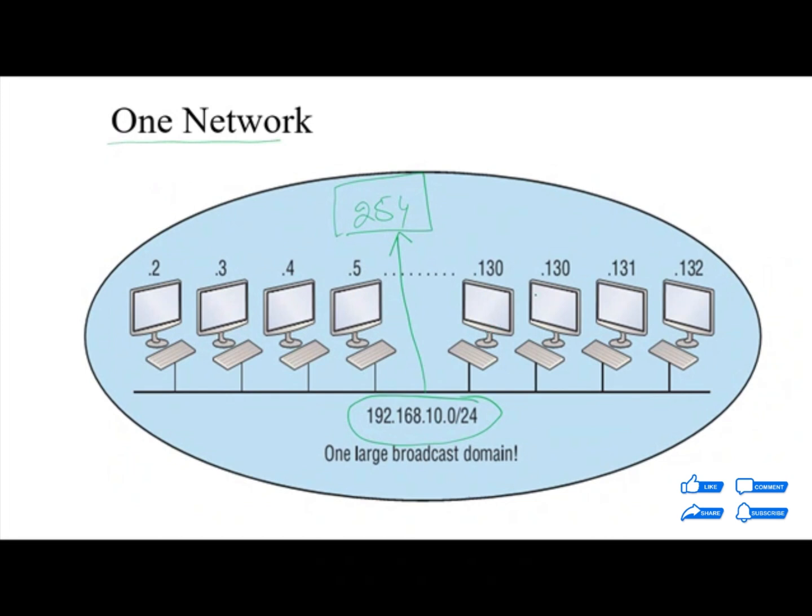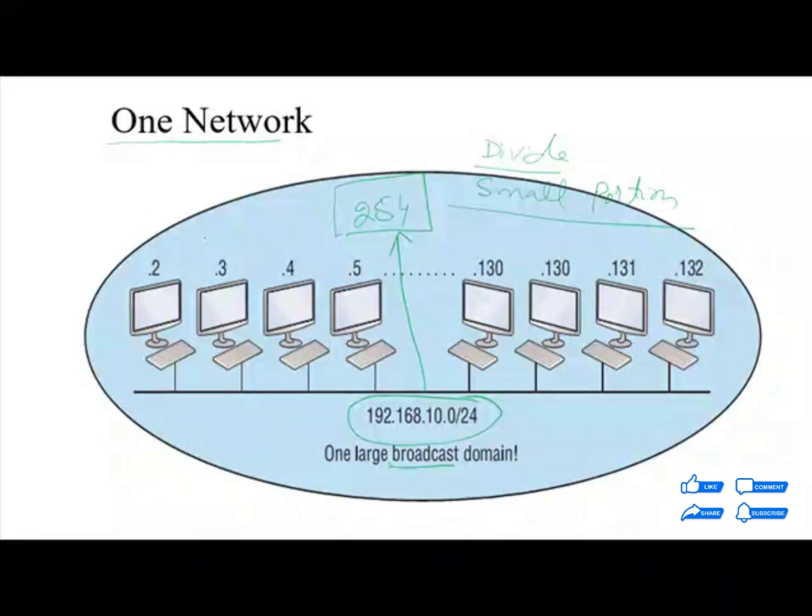But in the real world, you may divide such networks into small chunks of networks, because such a large network may have issues, especially with broadcast communication, or the collisions which may occur in that network. So to overcome that broadcast or collision issue, we normally divide that large network into small portions, or small network chunks.